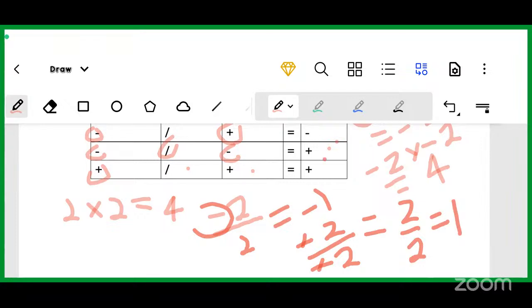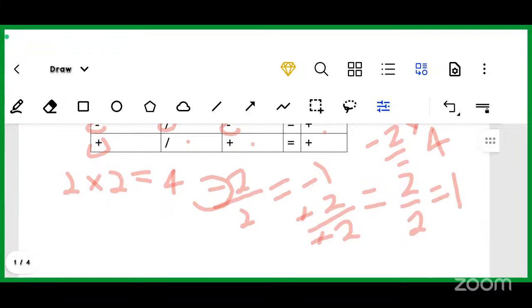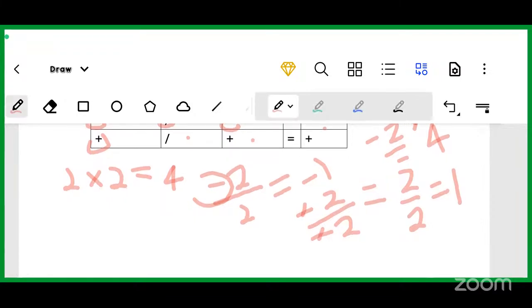The last one is positive divided by positive: 2 divided by 2, which gives you positive 1. Are we clear there? Yes, ma'am.